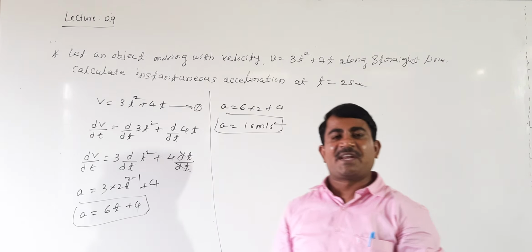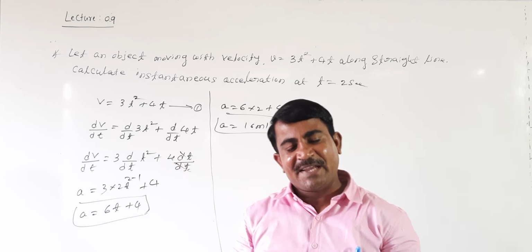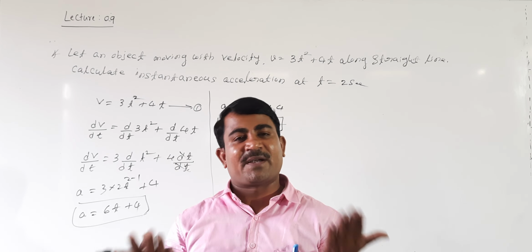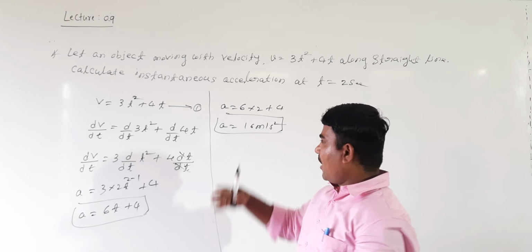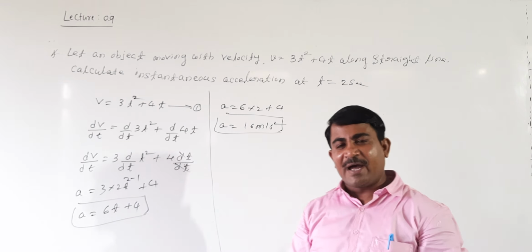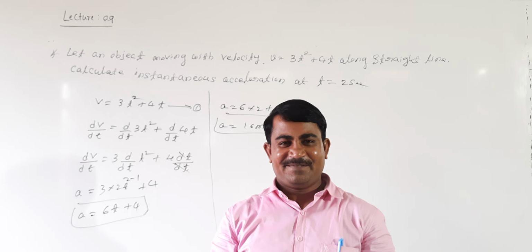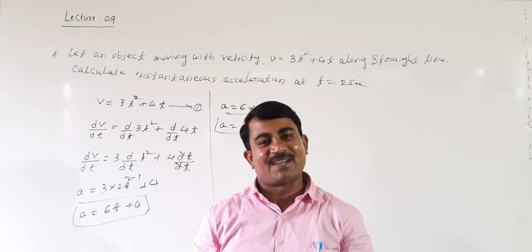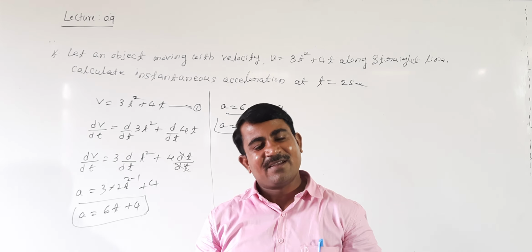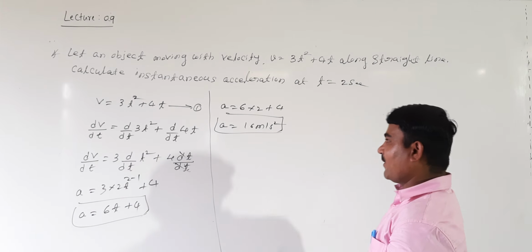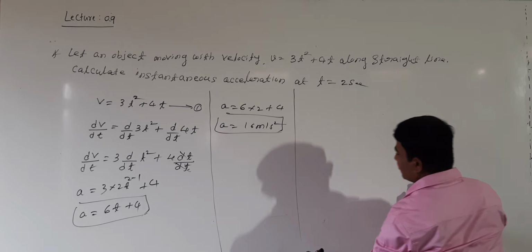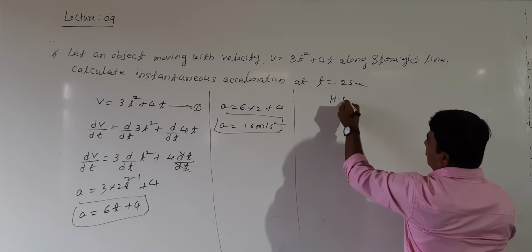This is instantaneous acceleration. How to calculate the instantaneous acceleration of the body, by taking an example. I will give a few numericals concerning average acceleration along with instantaneous acceleration. I will give a few examples as homework. Do here, this is homework.